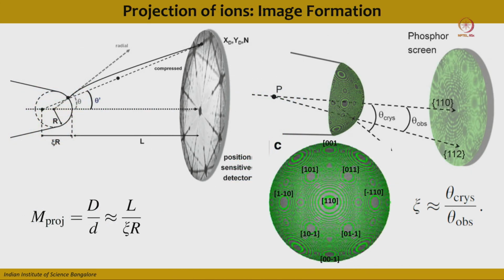Then we also discussed image magnification. In the last class I drew the schematic. Now you can see here, this is your needle specimen, this is your phosphorus screen. Due to the image compression factor, the field lines, which ideally should be radial in this direction, will bend in this direction.